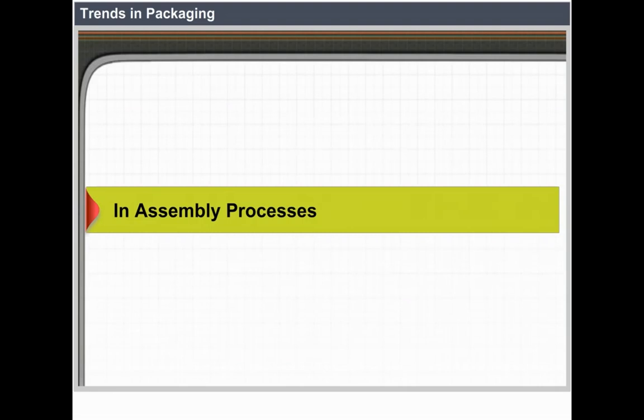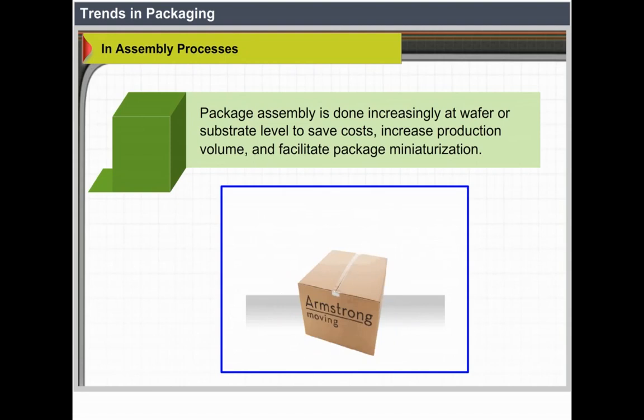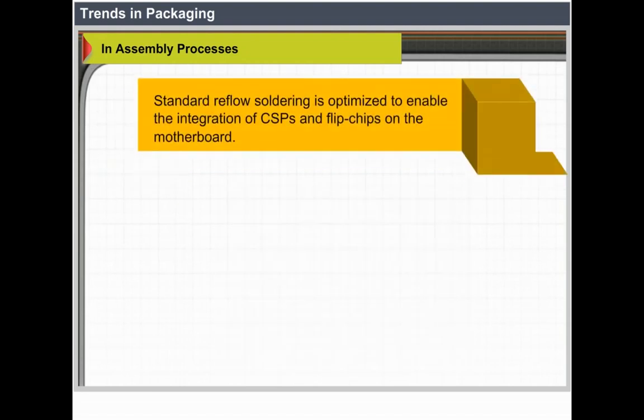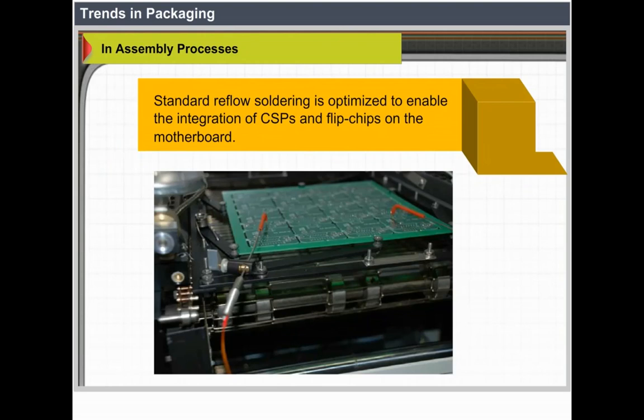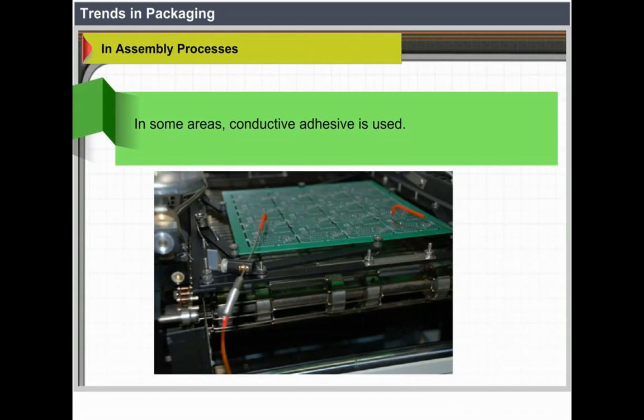In assembly processes, package assembly is done increasingly at wafer or substrate level to save costs, increase production, and facilitate package miniaturization. Standard reflow soldering is optimized to enable the integration of CSPs and flip chips on the motherboard. In some areas, conductive adhesive is used.